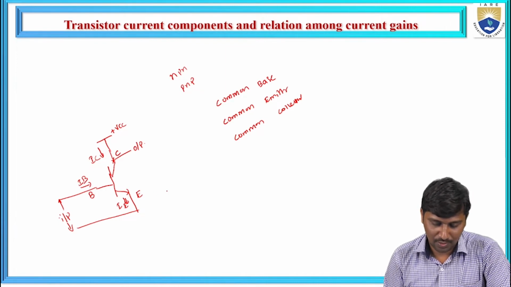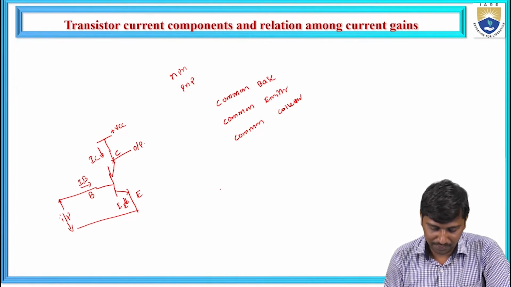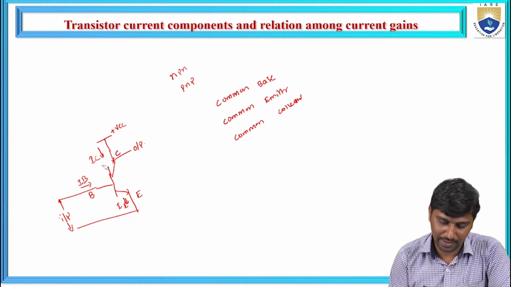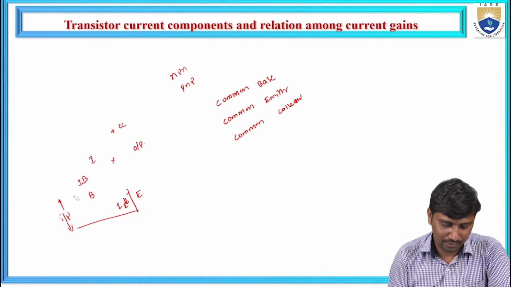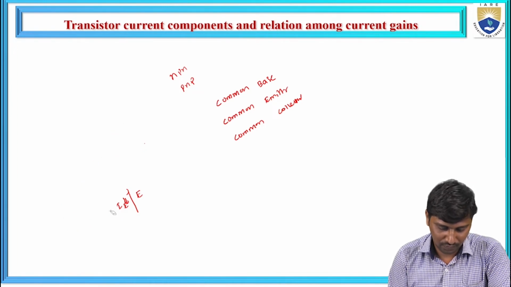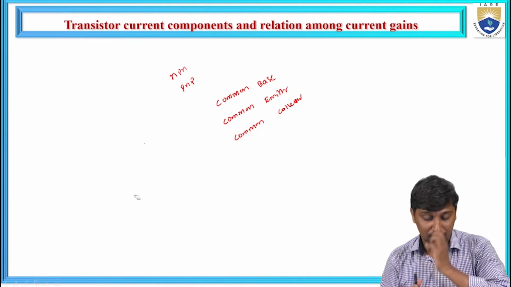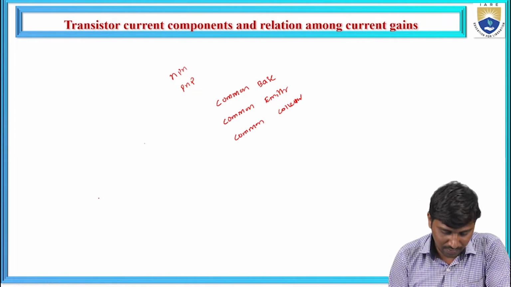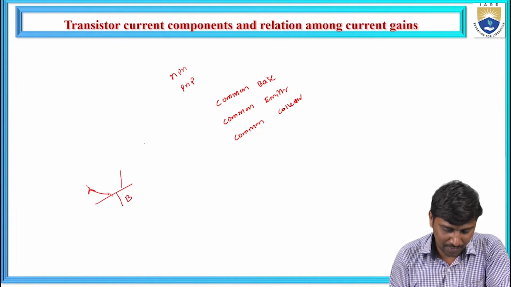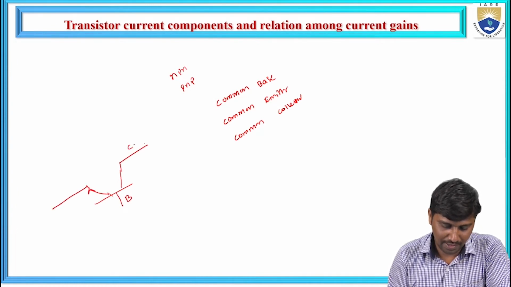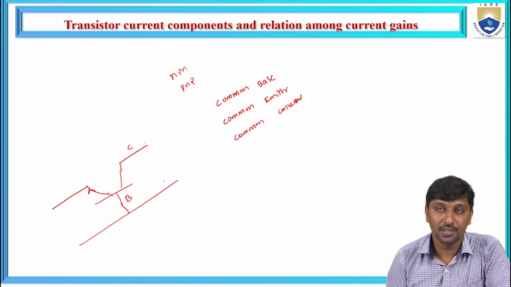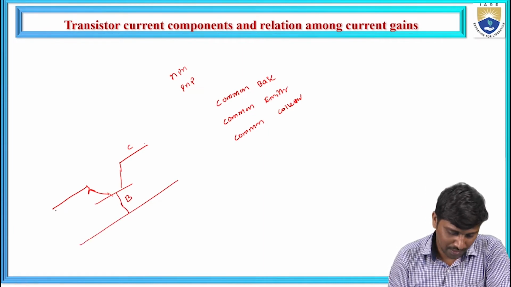Sorry, this is not the common base. In the common base, the base is common. Let's take this as base, emitter, and collector. So base is common for input and output.